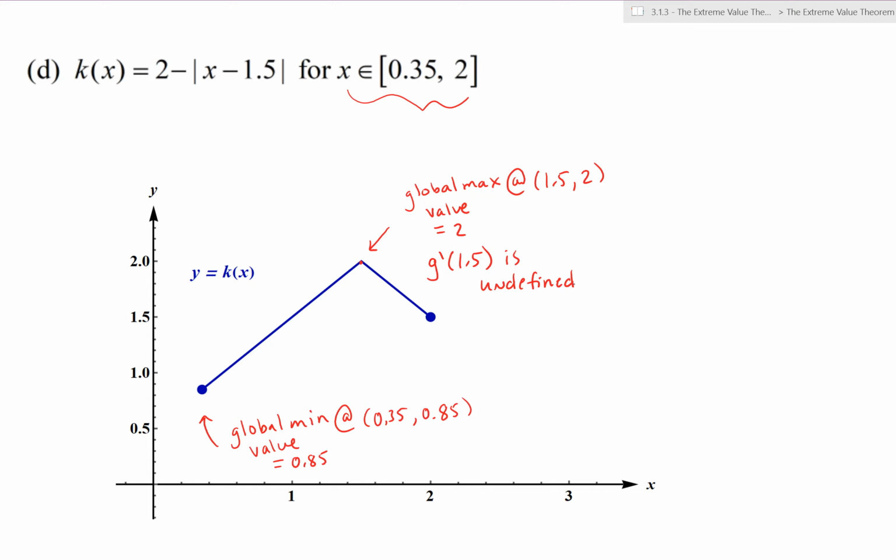So once again, we see a function that is nice and continuous over a closed interval, always obtaining both its absolute maximum and absolute minimum values. And again, it occurs at either an endpoint on the interval or at a local extreme point on the interval.